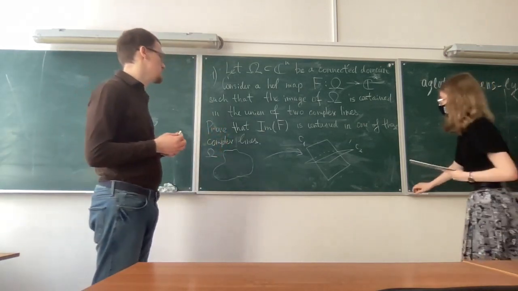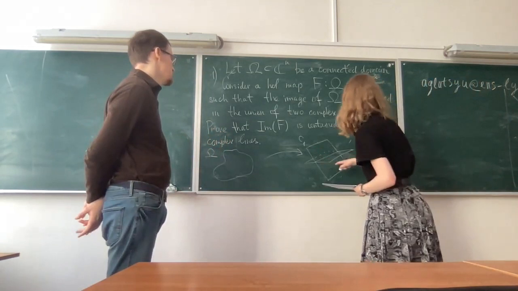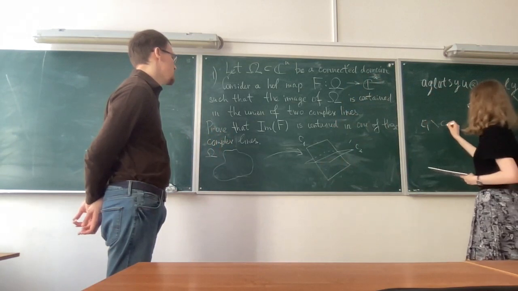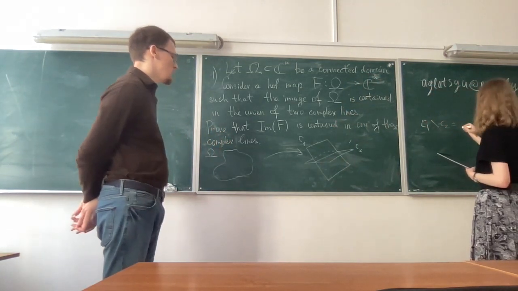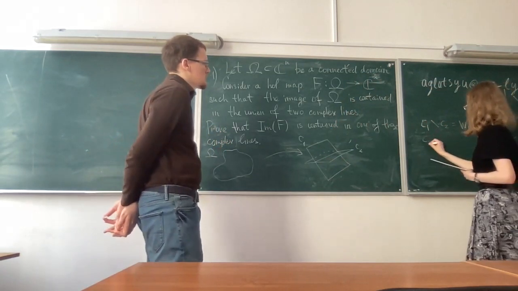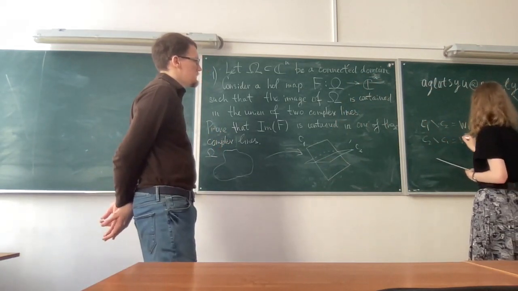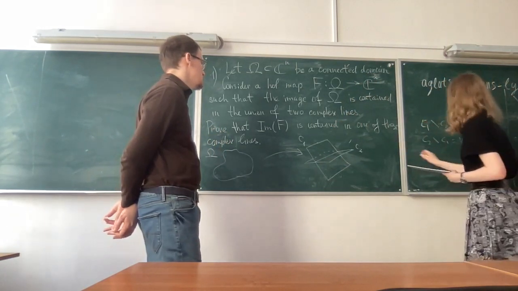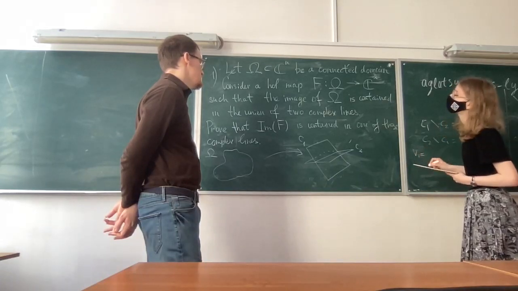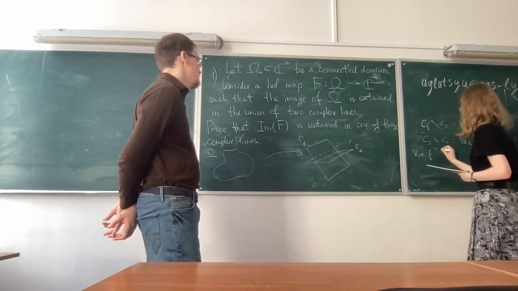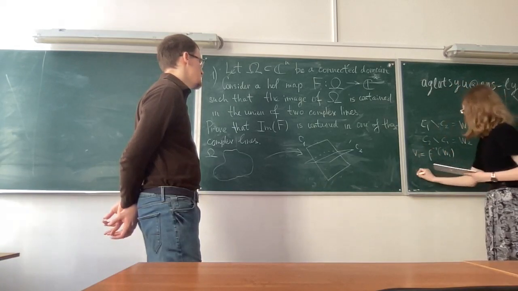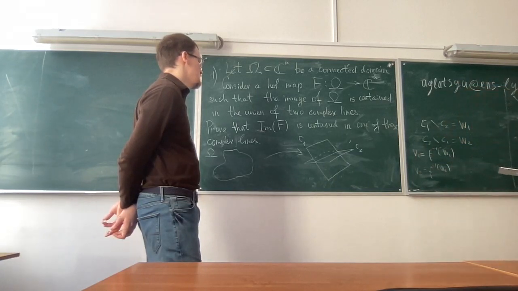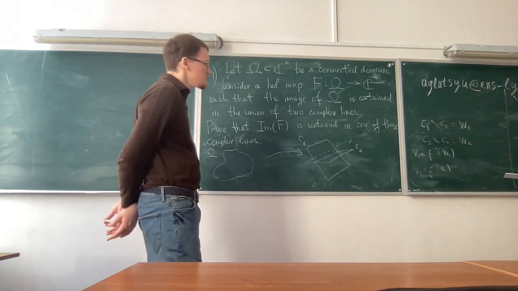Two lines, and let's denote like C1 without C2 is 1, C2 without C1 is 2. And so suppose we have V1, which is the preimage of the first set, and V2, the preimage of the second, and suppose both of these subsets are non-empty.